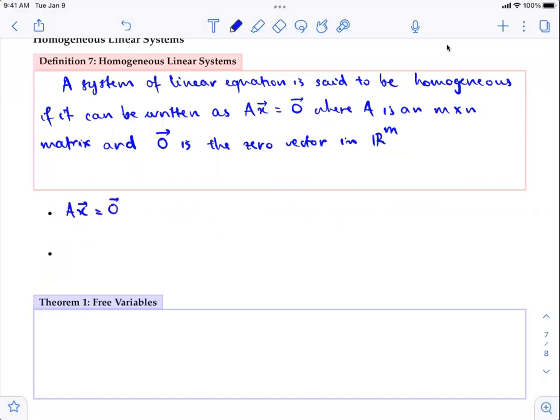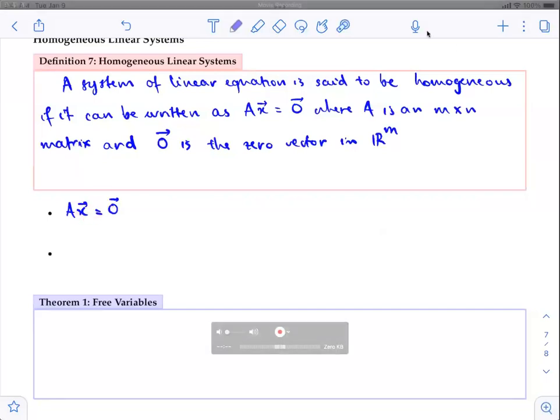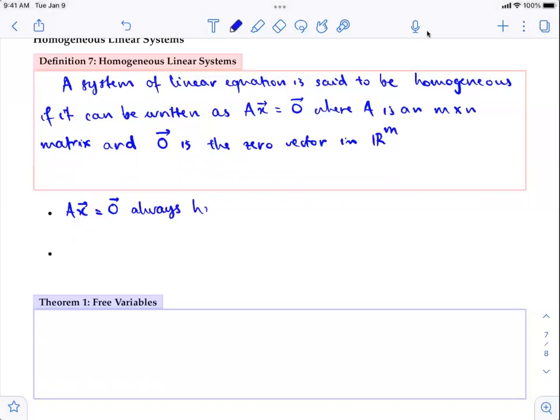Ax equal to 0. There's a lot of new knowledge that we haven't talked about that much yet, but we just need the information that Ax equal to 0 forms a homogeneous linear system. Okay, so this homogeneous linear system always has at least one solution, and that solution is x equal to 0.